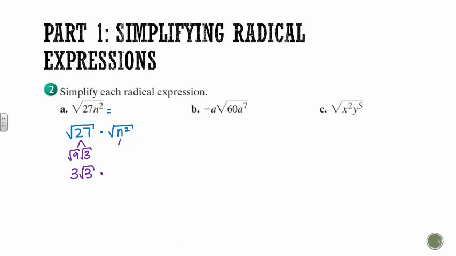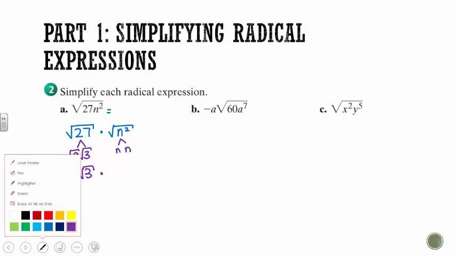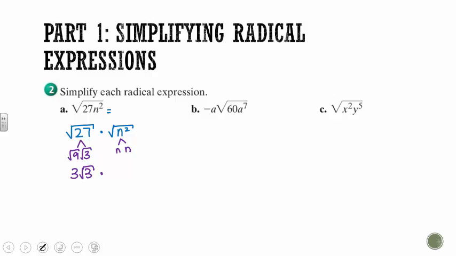And then n squared, remember, means n times n. And in order for something to be a square root, it means we have to have two of the same thing. So the square root of n squared is just n. And then unfortunately this isn't simplified. We have to combine everything that's outside of the square root with everything that's still inside of the square root. So this is the answer we want.